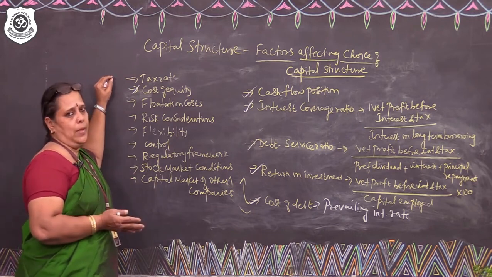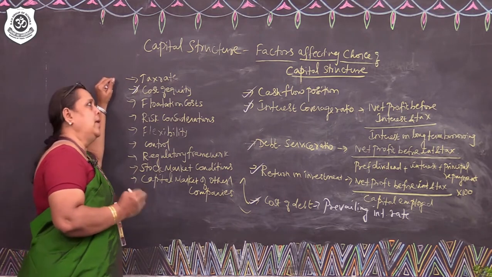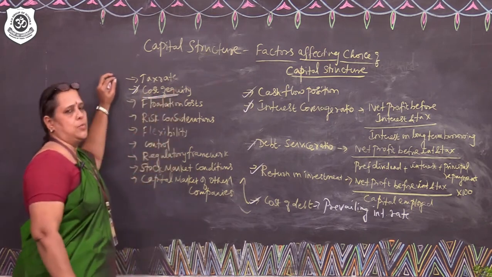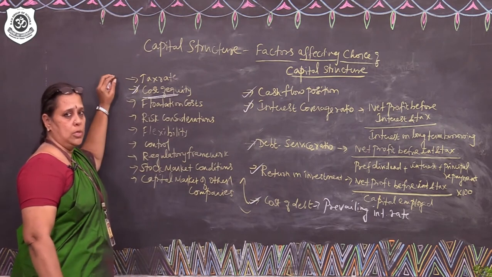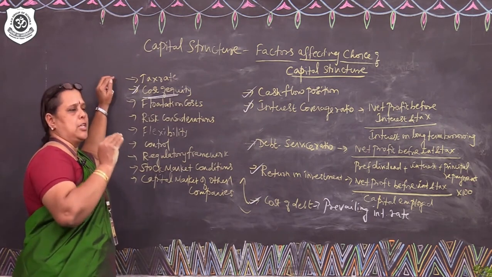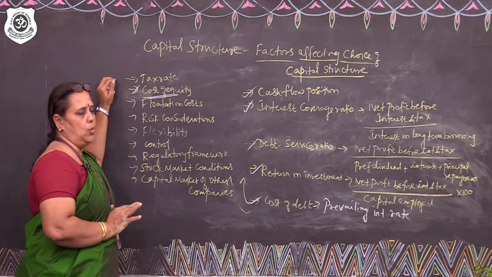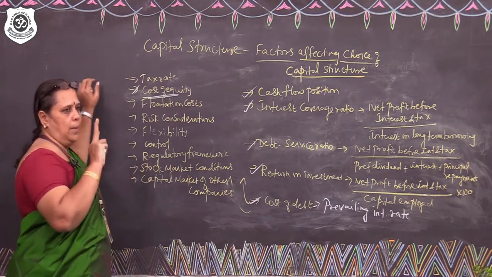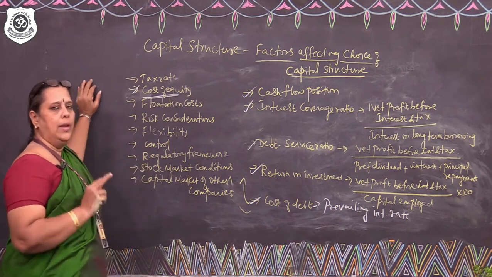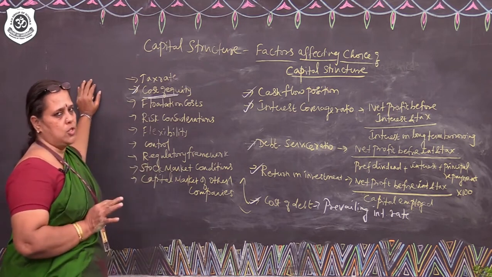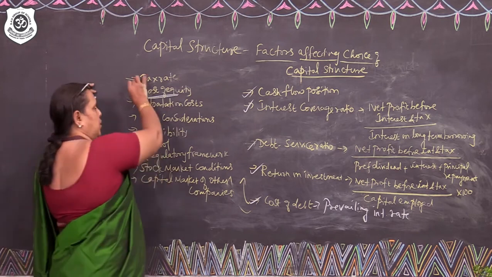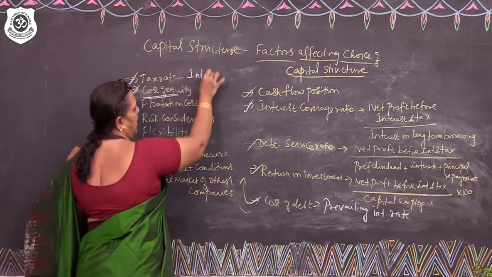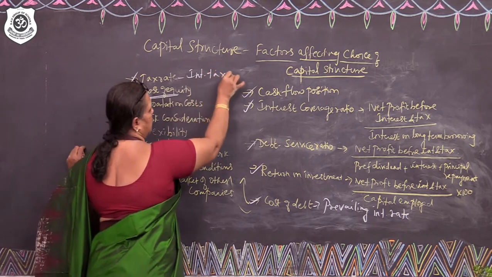Investor unrest will be there. So, to avoid that, the company has to take into consideration the expected return to the equity shareholders also. A considerable return is expected even by the equity shareholders. So, cost of debt and cost of equity both have to be considered while determining an ideal capital structure. The prevailing tax rate: we know pretty well that debenture interest is a tax deductible source.